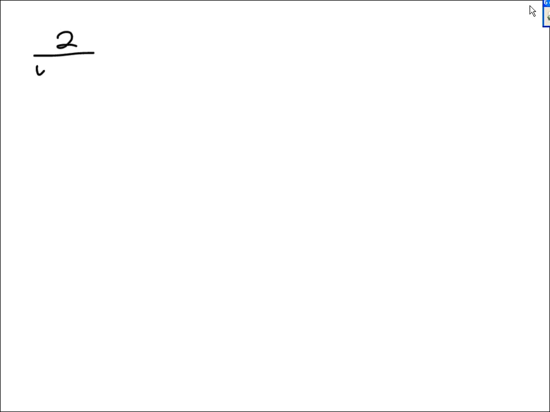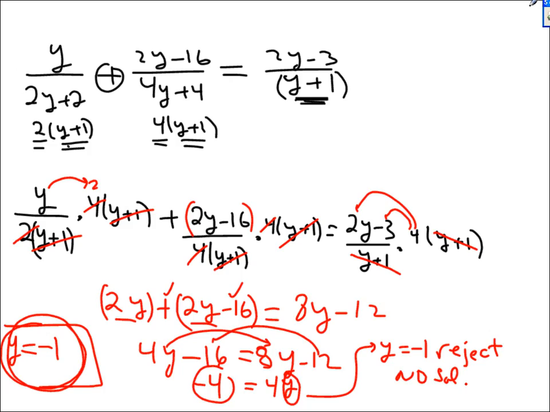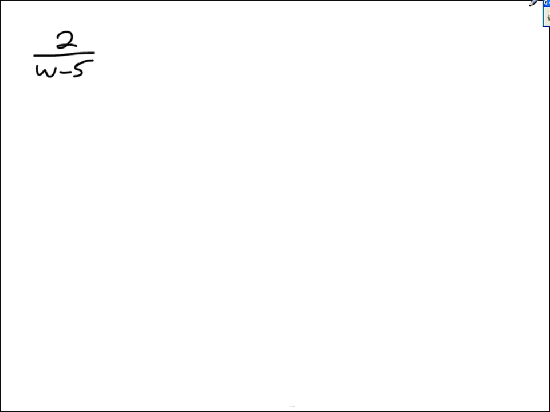The nice thing about writing down on the side where y can't be is the only other alternative is to get your possible answers, like the last one we got, I think it was negative 1, plugging it back into the problem and seeing if it works.